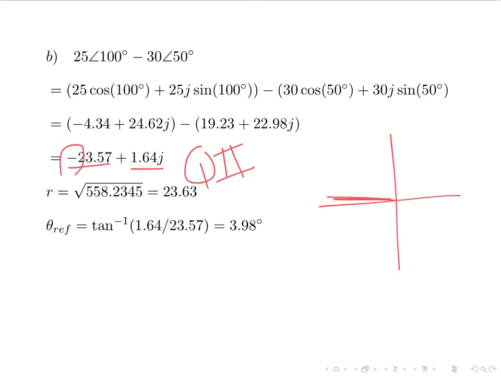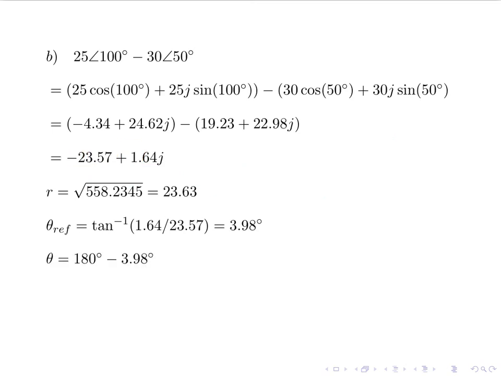My X or my A is negative, my B or my Y is positive, so it is quadrant 2. So my angle is 180 degrees minus that reference angle. So we get 176.02 degrees. And I'll put it together, and my answer is this polar form of 23.63 with an angle of 176.02.